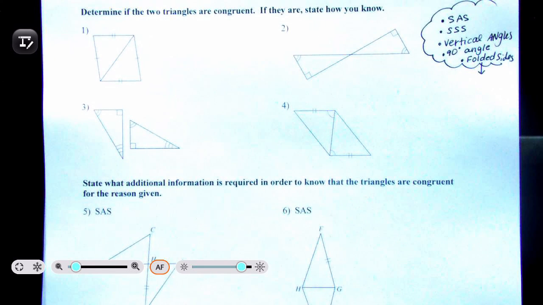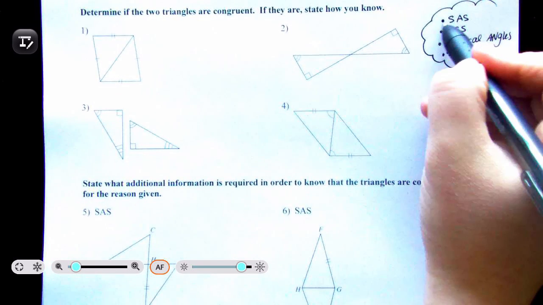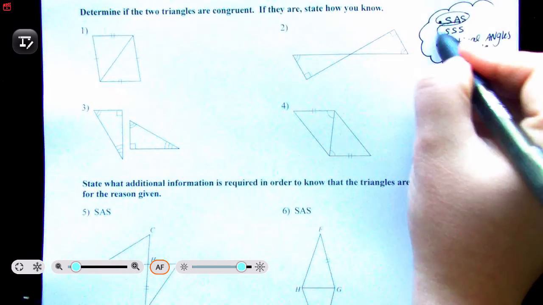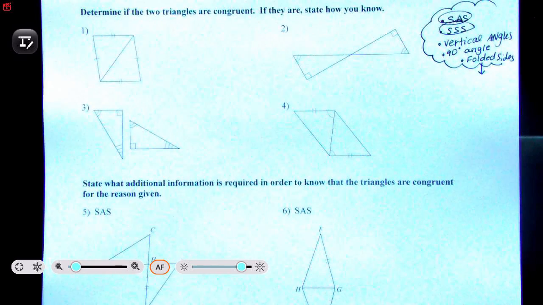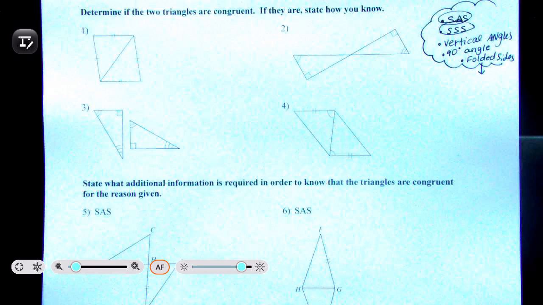If they are, state how you know. It's not asking us to prove. Okay, it's definitely not asking us to prove anything. So that's okay. But it's just telling us, are they congruent? Do you have side, angle, side? Or do you have side, side, side? Or is it not congruent at all?